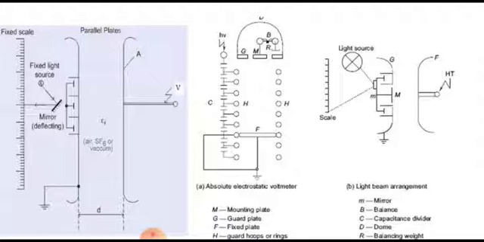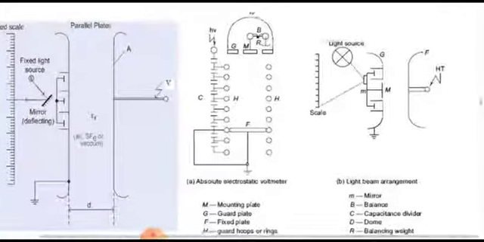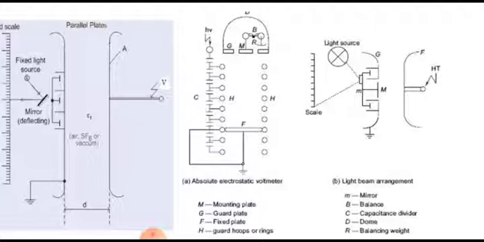Here the light source will fall on that. The small m is the mirror. It will reflect on the scale. The movement of the disc is therefore magnified. Now here it is connected to high tension and here you have the low tension. It is clearly mentioned, and in the second figure also you can see HV this side and LV here.